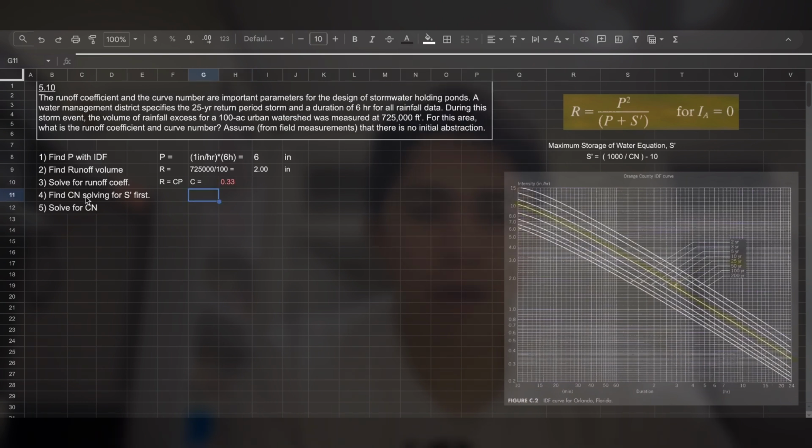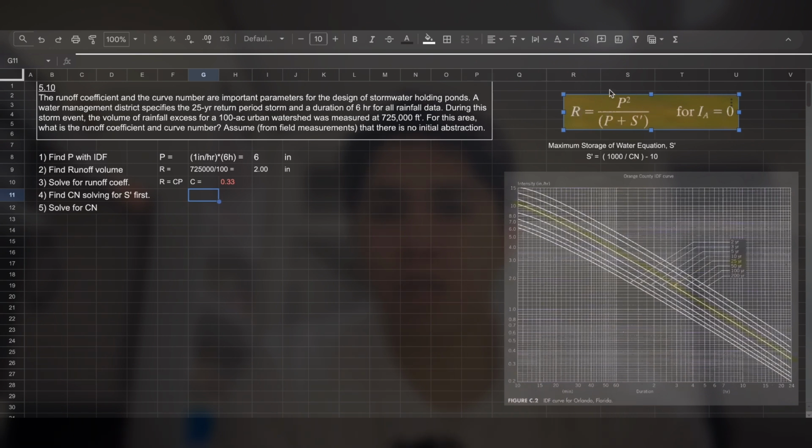Now we need to find the curve number, solving for the saturated storage first. Don't get confused by saturated storage. This just means the amount of water that the watershed can store. To do this, we're going to use this equation here.